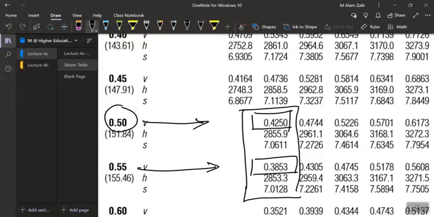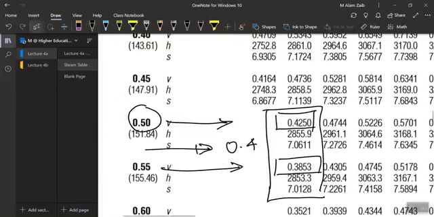So our volume, which is 0.4 cubic meter per kg, is definitely not there. That means our volume 0.4 is somewhere between a pressure of 0.5 and 0.55. I hope you get the point.